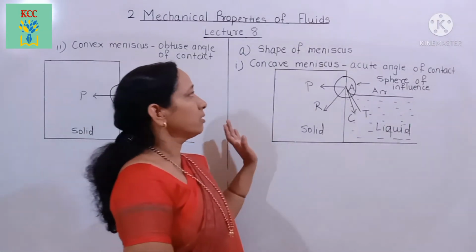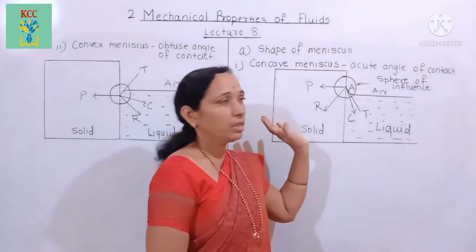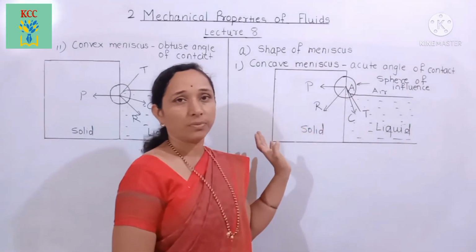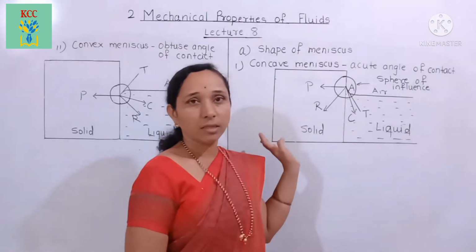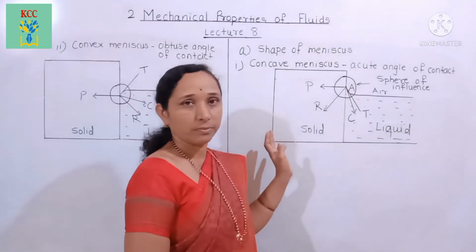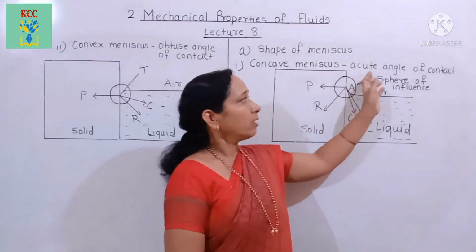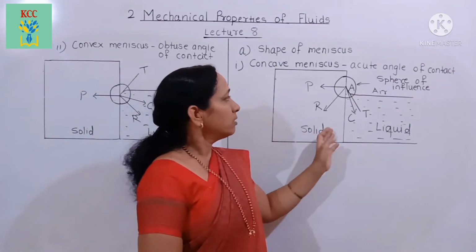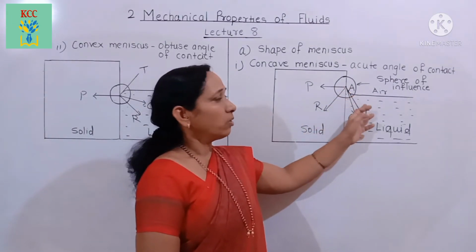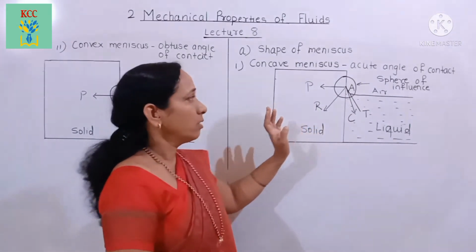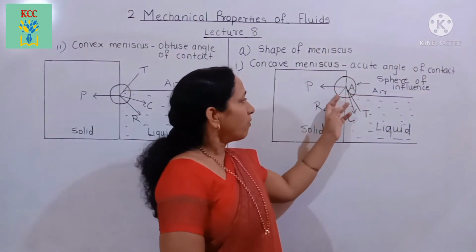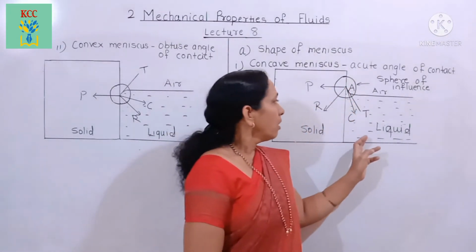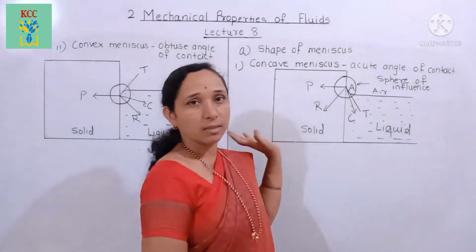For this we consider the concave meniscus. For this we consider the kerosene solid pair, that is kerosene is taken in a glass bottle. For that angle of contact is acute. Suppose consider the molecule of kerosene. Here is the sphere of influence around the molecule, and this is the solid, that is glass surface.